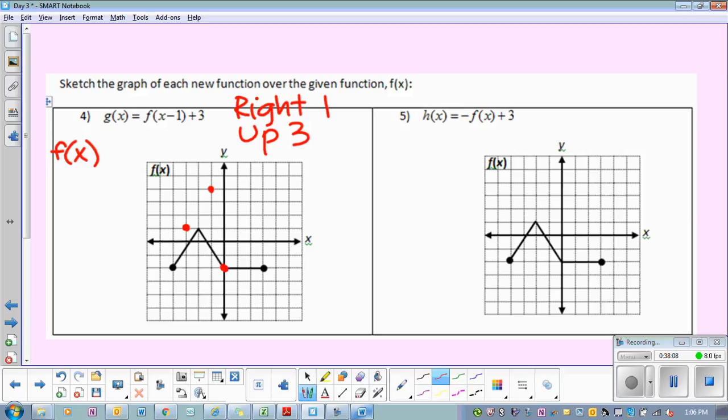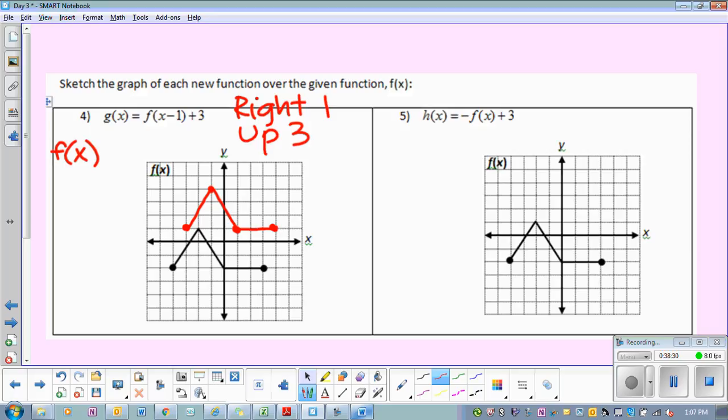This one right here, another little corner, another little change. Right 1, up 3. And then this one is right 1 and up 3. And here we go. Done, right?